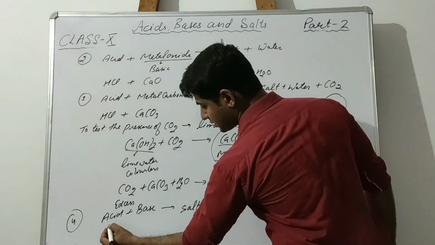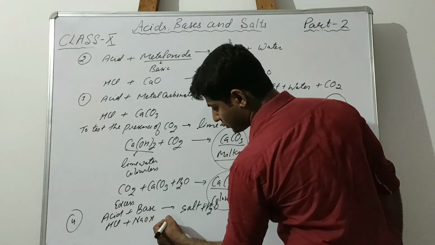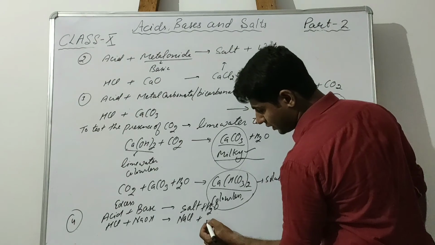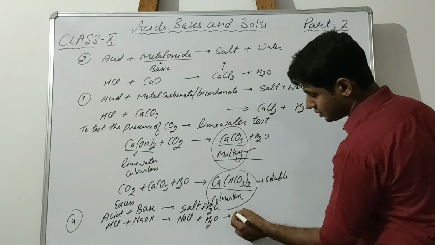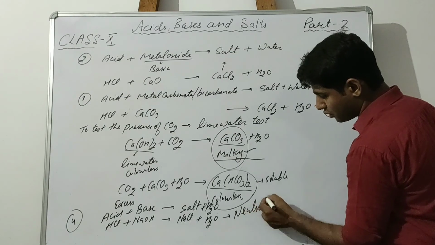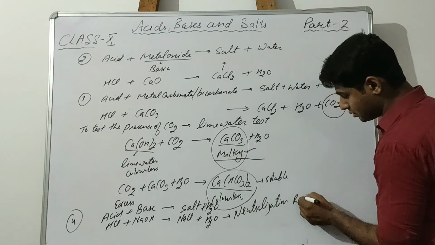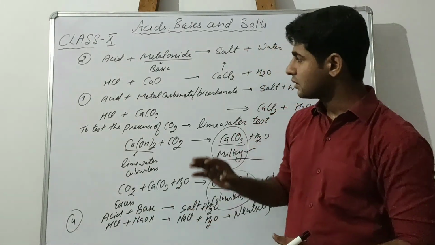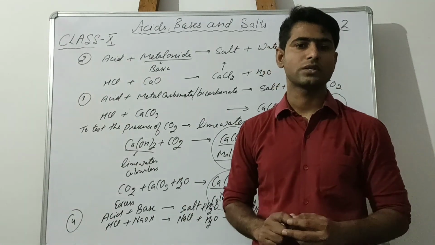So we have acid HCl, base we can take sodium hydroxide, and we get sodium chloride and water. This reaction is known as neutralization reaction. So these are the chemical properties of acid. In the next video we will discuss bases.